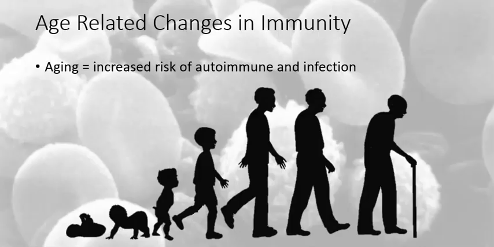Older adults can't develop new antibodies, thus they do need the vaccines for flu, pneumonia, and shingles. With cell-mediated immunity, the number of circulating T cells decreases. There is an increased risk for bacterial and fungal infection, especially on the skin, mucous membranes, as well as the respiratory tract and the GU tract.